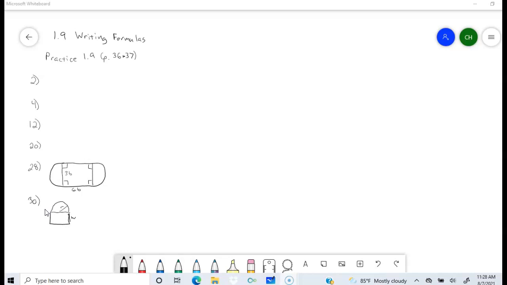That one, if you write it just like it reads, the work done, W, equals the force applied, F, times the distance, D, an object is moved. So we get W equals FD, just like it's written.